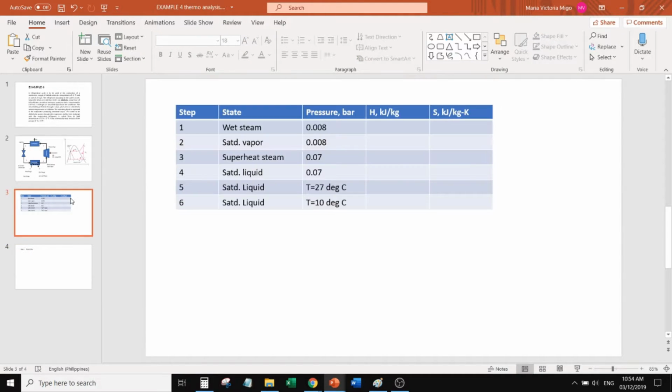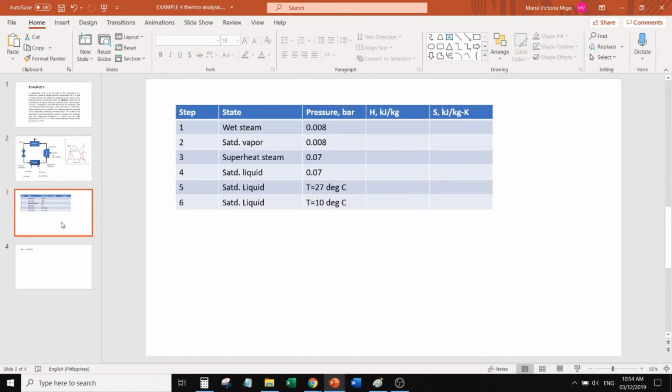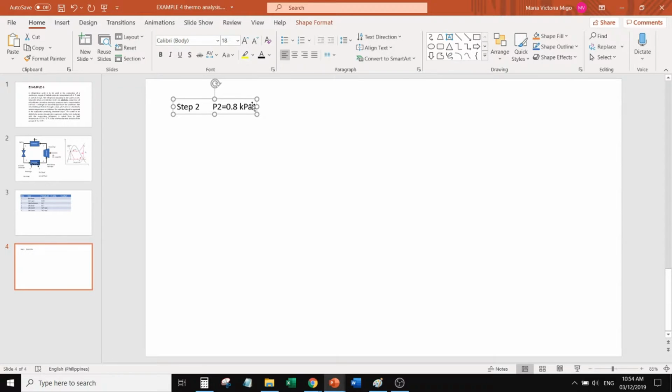So at point 2, we can read it from the steam table in the saturated vapor column at this pressure. Unfortunately, there's no direct data, so we need to interpolate.